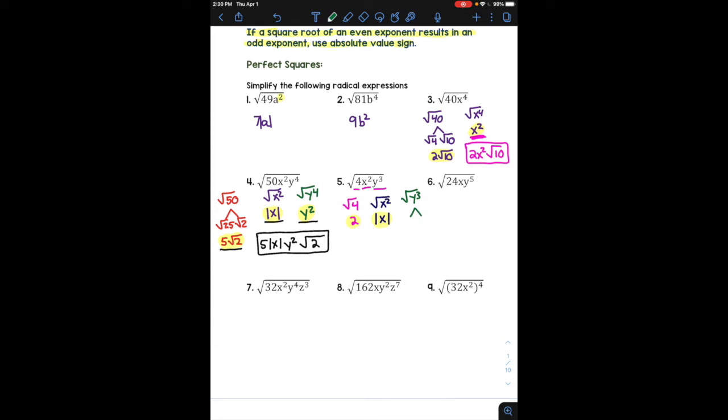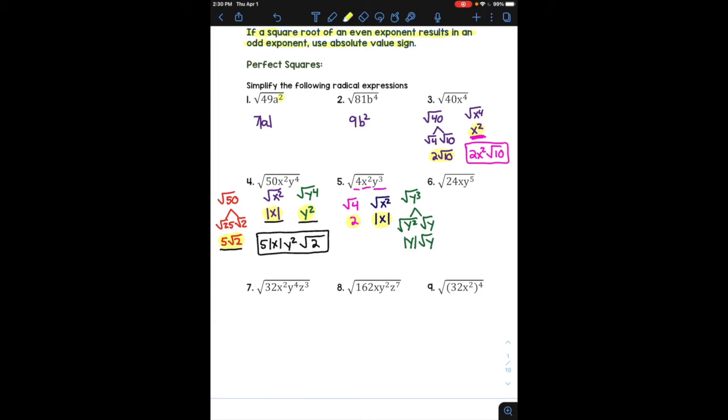So the biggest one that would go in was y squared times the square root of y. Simplifying the square root of y squared, we'd get the absolute value of y, root y. Since it's not a perfect square, we still have the radical in our expression, but it's now simplified since the variable inside the radical has a smaller exponent.